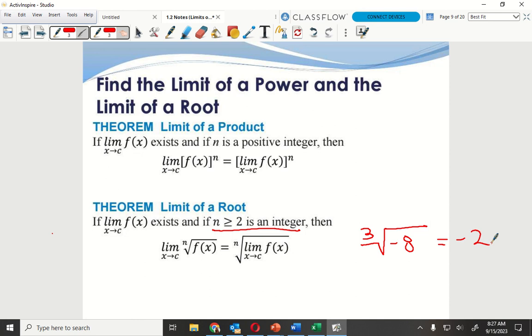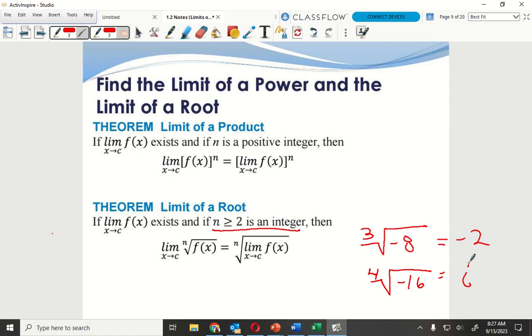But if I do a square root or fourth root, I'll get imaginary numbers there.